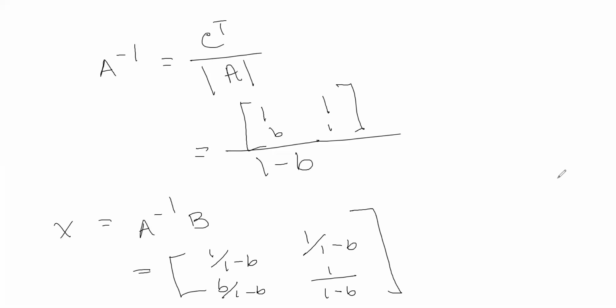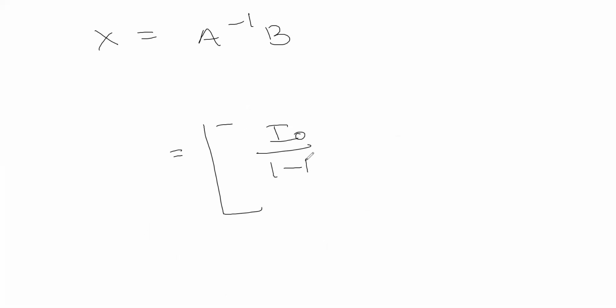Okay. And you need to multiply it with the vector of constants, which is I naught and C naught. So if you multiply it, then what will be the end result? The end result of x is equal to A inverse b will become I naught divided by 1 minus b plus C naught by 1 minus b.